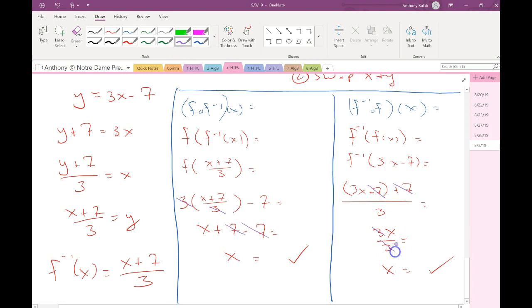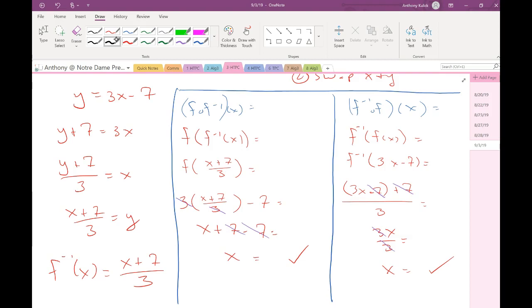And again, I see that that works. So I can certainly say that these two functions are inverses. Everybody agree with that?